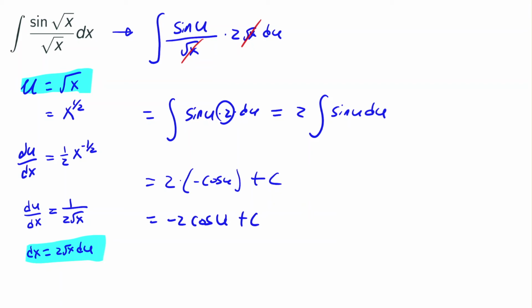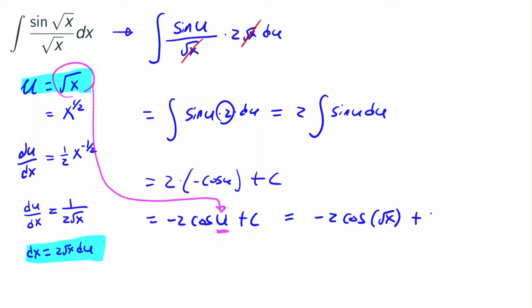But for the final answer, we need to substitute back what u is. U is this right here, so we need to plug this right here for the final answer. So the final answer is negative 2 cosine of square root of x plus c. This is the indefinite integral of this function. So that means if you take the derivative of this function, you get this right here, sine square root of x over square root of x.